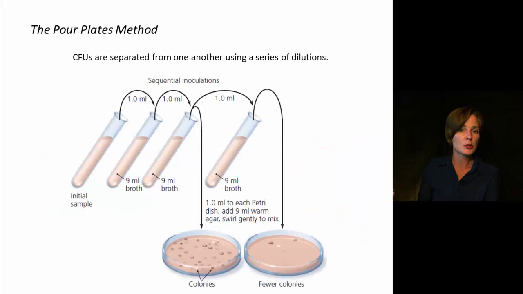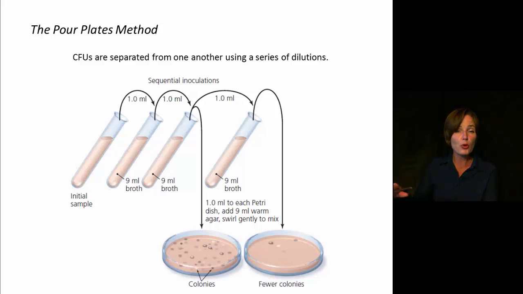The second method is the pour plate method. And in the pour plate method, the goal is the same. We want to get individual CFUs. But in this case, rather than spreading the inoculum on the surface of this solid media, instead we're going to add it to the media before it's solid. So we add it to the liquid media and mix it up.